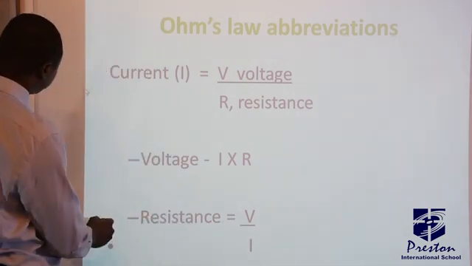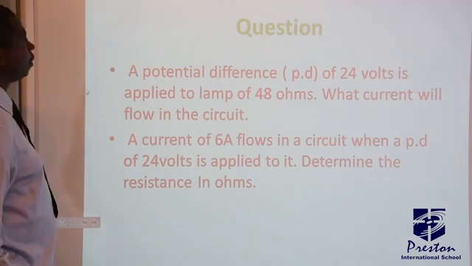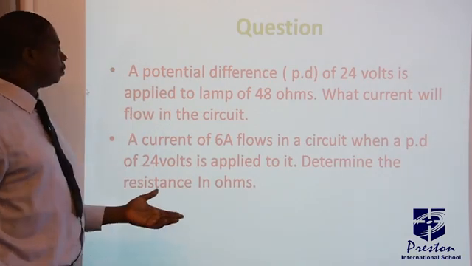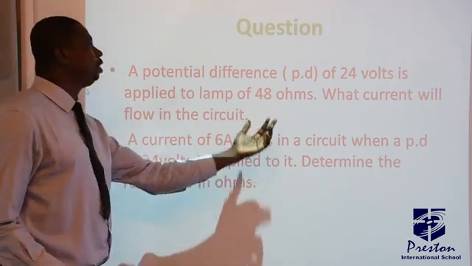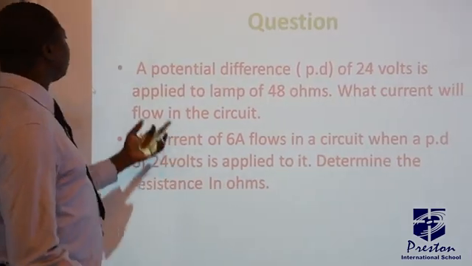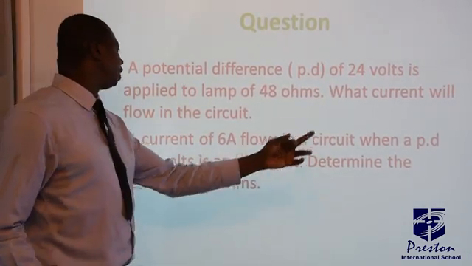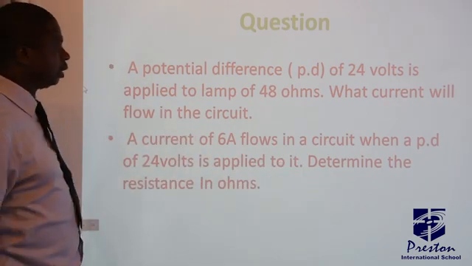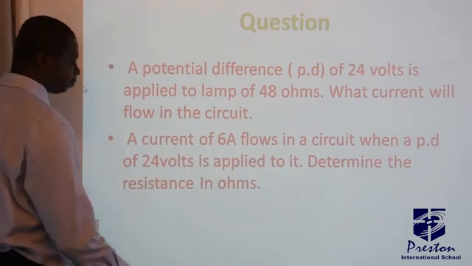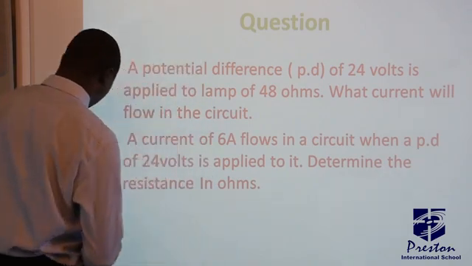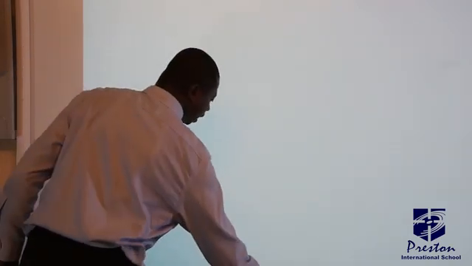Now let's look at this question I have for you today. A potential difference, PD, of 24 volts is applied to a lamp of 48 ohms. We have to find what current will flow in the circuit. How do we solve a question of this kind?